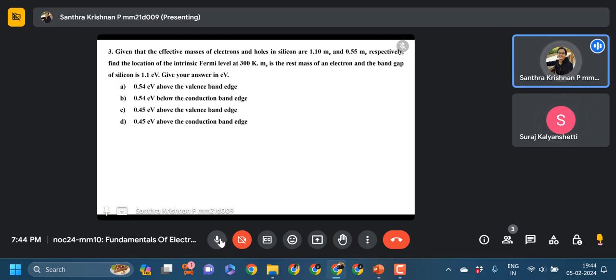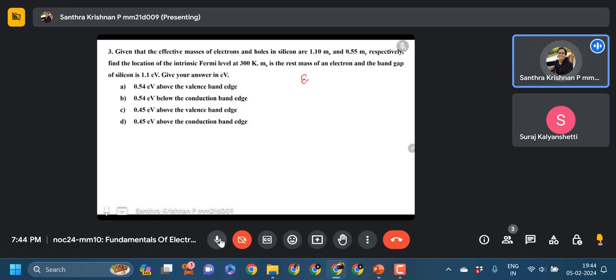Next is: given that the effective masses of electrons and holes in silicon are 1.10 and 0.55 me respectively, find the location of the intrinsic Fermi level at 300 Kelvin. me is the rest mass of the electron and band gap is 1.1.